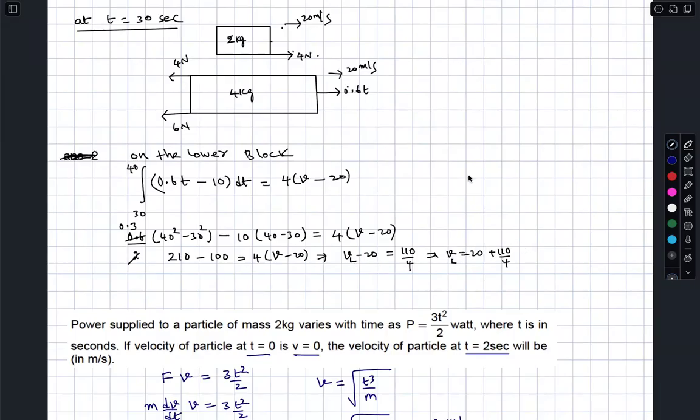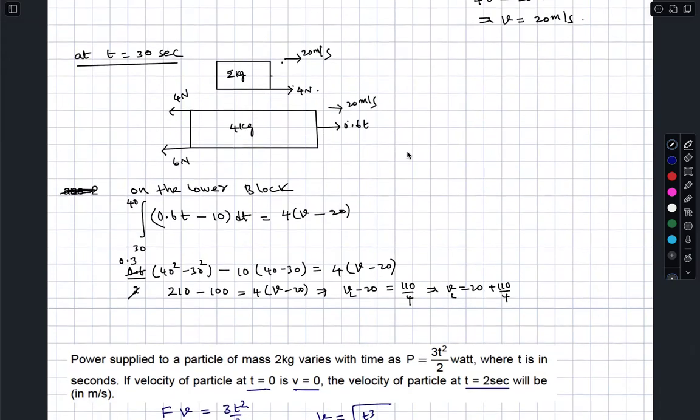What about the upper block? The upper block is very easy, because it's a constant force. On the upper block, 4 newtons into an interval of 10 seconds equals 2 into V upper minus 20.